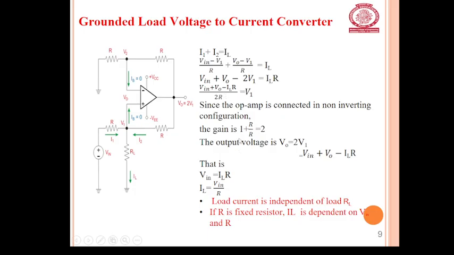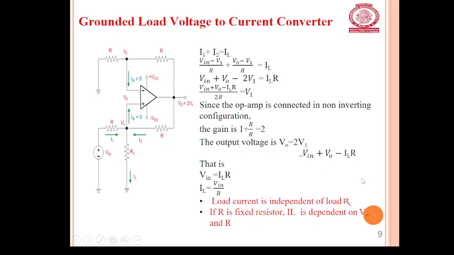Since the op-amp is connected in non-inverting configuration, the gain is 1 plus RF by R. In this case, RF and input resistor both are R, so the gain will be 2. So, the output voltage is 2 into the input voltage, that is V1.